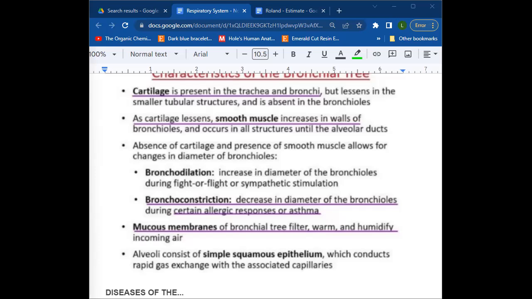The bronchodilation is going to occur during the fight or flight response, or in other words, sympathetic stimulation.